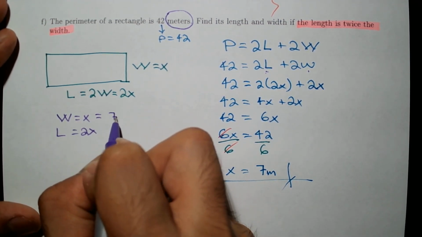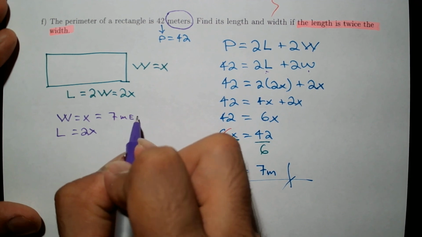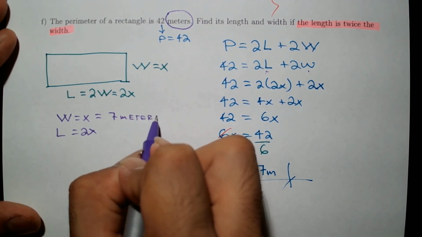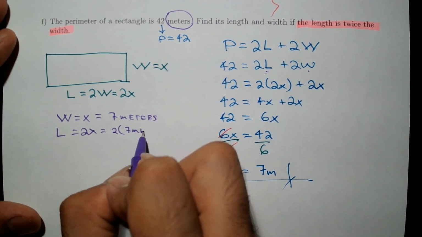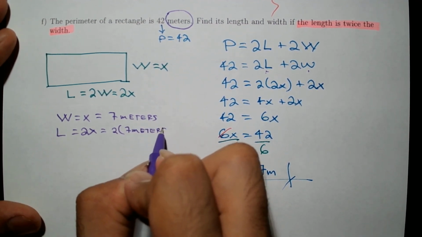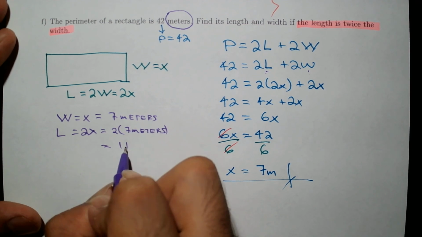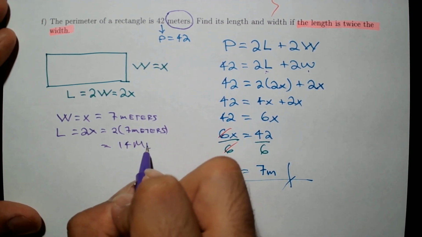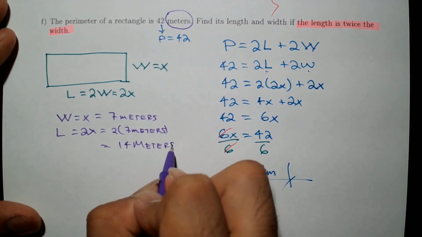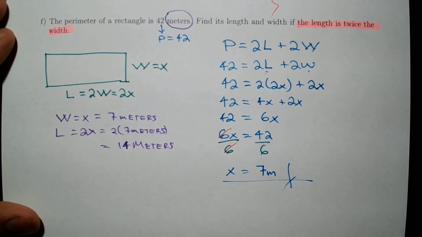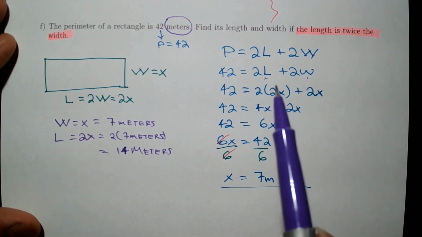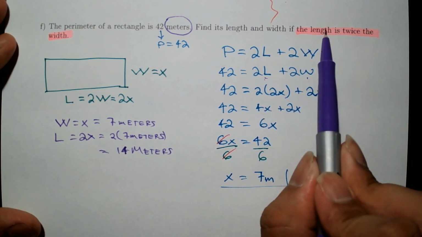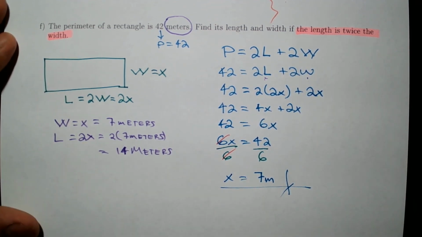So this is going to be 7 meters, and this is 2 times 7 meters, which is 14 meters. And in this case, notice 14 is twice 7, so this condition is met. The length is twice the width.